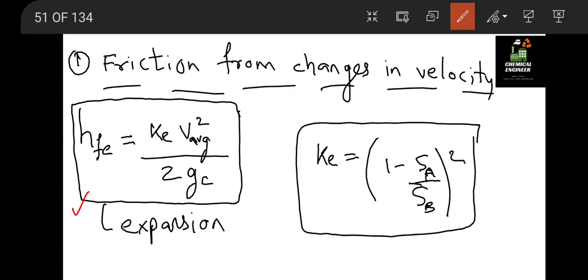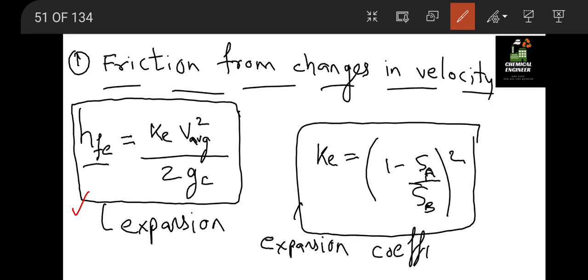The head due to the change in velocity is given as HFE equal to KE into V square divided by 2 when all the units are in SI units. So it will be divided by 2, but if they are in another unit then you have to multiply it by 2 into GC, where KE is known as the expansion coefficient.